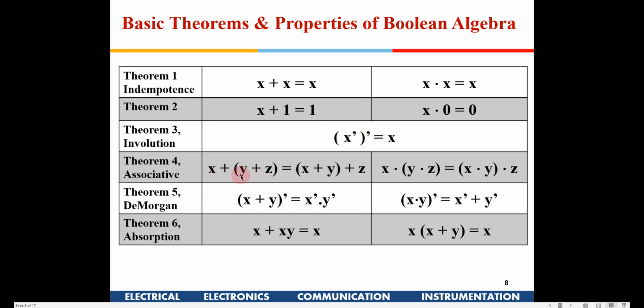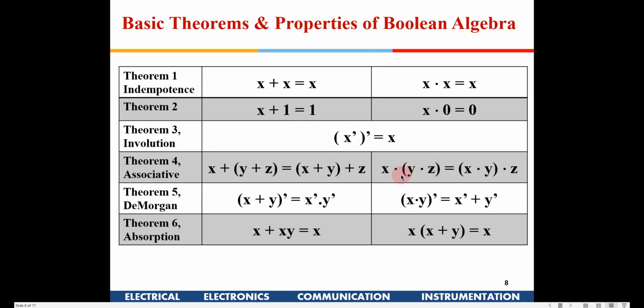And then the associative property. This we know: in x plus y plus z, you can first do an OR of these two and then do an OR with the third, or you do an OR of the other two first. Why these rules are important is that sometimes when you are designing, maybe you have only a 2 input OR gate, but you have to do x OR y OR z, right? In that case you can use 2 OR gates. First you do an OR of 2 variables and then do an OR with the third variable. These kinds of things we should know, because we are realizing hardware.